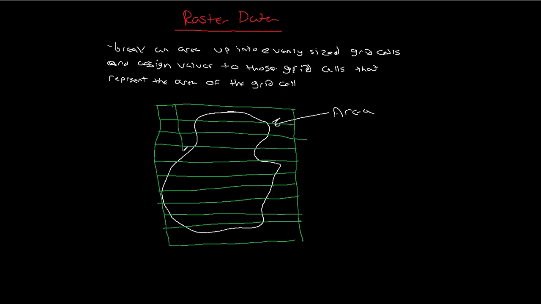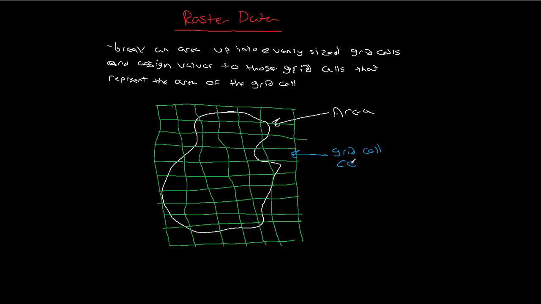Now, my drawing skills aren't that great, but these squares are supposed to all be the same size. So we have our area, and we've now broken that area up into a series of evenly sized grid cells. So each one of these boxes here, this box, this is a grid cell.